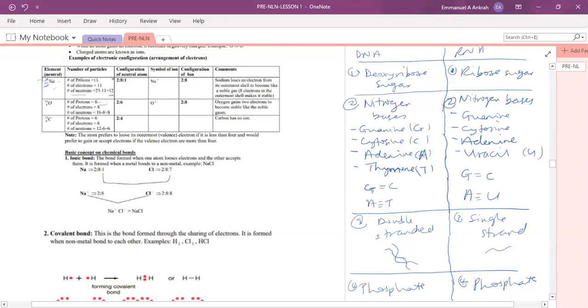Now let's move to the third column here, and that is what's called the electronic configuration. Now, when it comes to electronic configuration, we use this system. Let me get rid of this here.